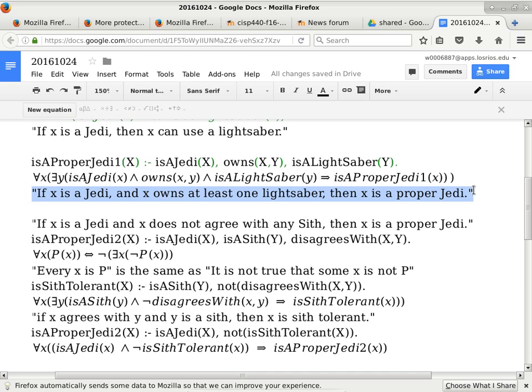If you couldn't find anything that disagreed, wouldn't it mean they agreed, and wouldn't it make is Sith tolerant false? If you cannot find anything, the negation, let me pick up the negation here. So this part here. The lack of finding anything to make this true makes the negation true.